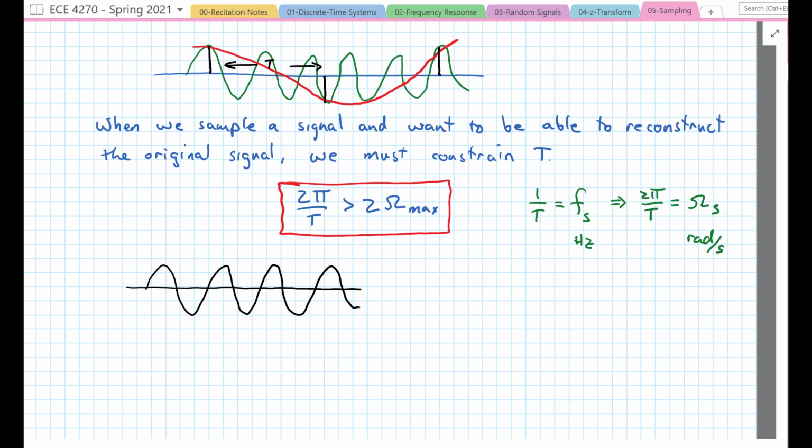So what this is saying is we have to take samples at least or greater than twice per period. So for example, if I took one sample here, next one would need to be here, and so on and so forth. And with this, there is no lower frequency signal that could be reproduced to go through all of those samples. So this would be the lowest frequency alias, and our reconstruction could be perfect.